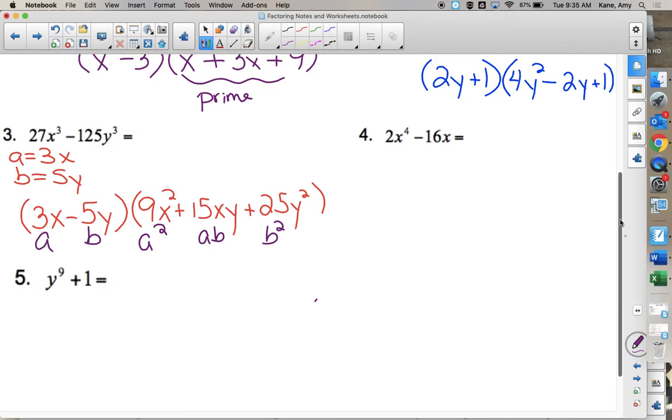Reese, how about number 4? What's the GCF of number 4? And if you take a 2x out, what do you have? And then how did you factor it? So the cube root of x cubed is, and the cube root of 8 is, and then how does that look?